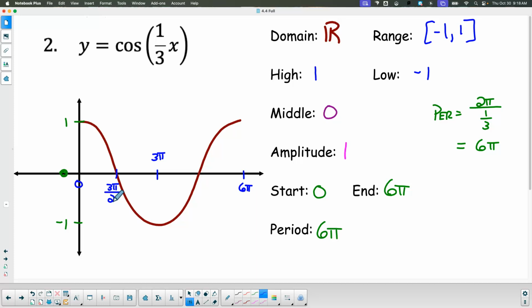Yeah? Because we like fractions. Yeah? Okay? Halfway between 3 pi and 6 pi, or one might say the average of 3 pi and 6 pi. How do we average things? Add them and divide by 2, right? Okay, so 3 pi plus 6 pi, 9 pi divided by 2, 9 pi over 2.